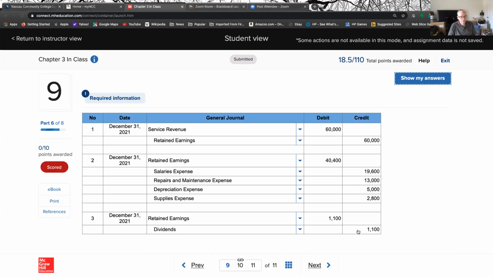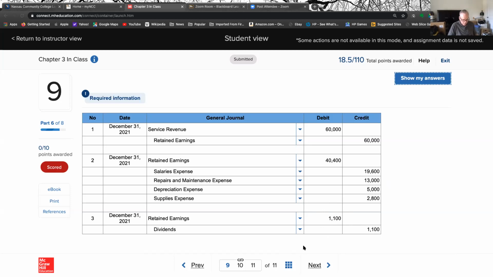Debit retained earnings, credit dividends. Remember, dividends is an account that has a debit balance. So if we want to make that zero, we have to credit it. And we know that dividends reduces retained earnings. Therefore, that's why there's the debit. Remember, with retained earnings, debits decrease and credits increase.